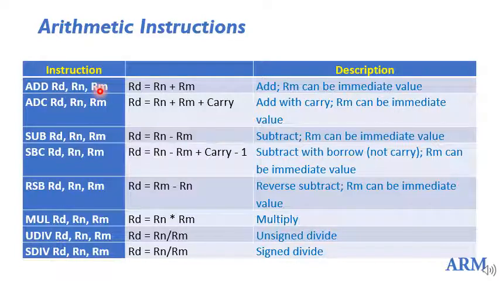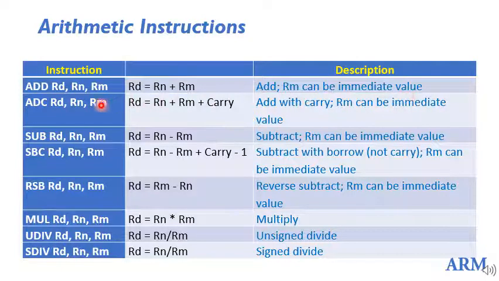So this instruction is going to add Rn plus Rm, and the sum will be stored in the register Rd. Rm, that is the second source operand, can be an immediate value as well. Only thing is you have to precede it with the hash symbol.